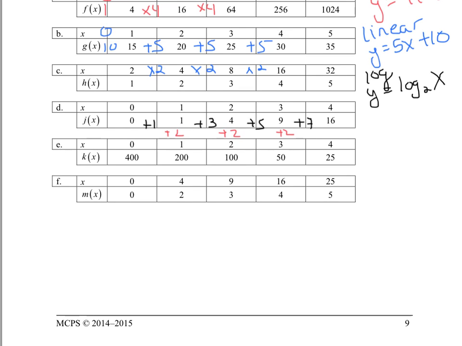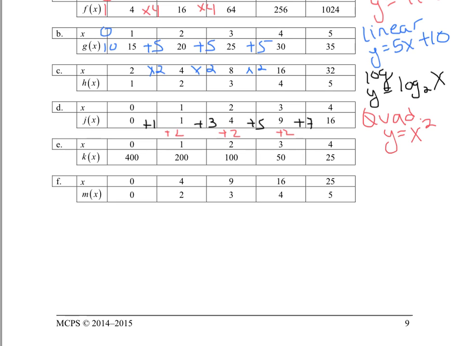Because this constant value happened on the second level of finding the differences, it's a quadratic equation. And then for our equation, all those x values squared relate in the j of x values. So 1 squared is 1, 2 squared is 4, 3 squared is 9. So our equation is y equals x squared.